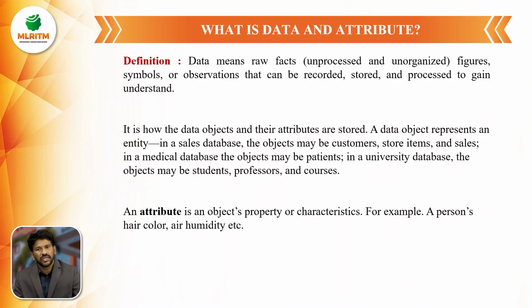One more example is a medical database, with patient information and disease information. In a university database, we see student information, student ID, student name, and professor information, professor ID, professor name, and course-related information. So these all come under data and data examples.